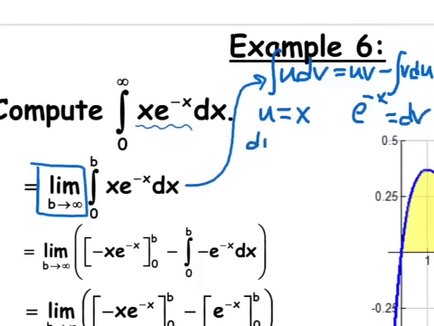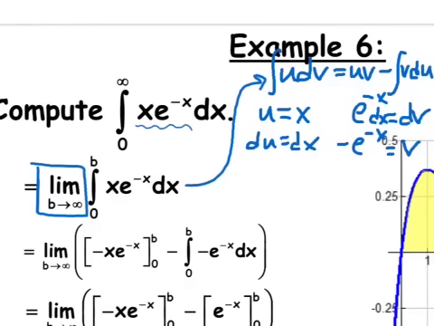Okay, so that means that my du is equal to dx, and that also means that negative e to the negative x is my v. Okay, looks like we're ready to go.